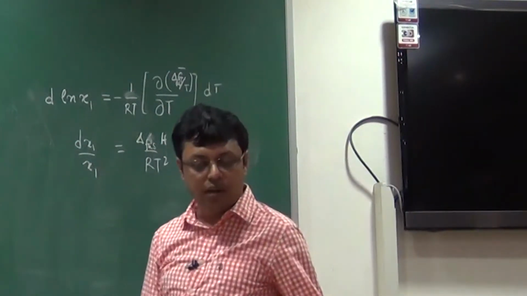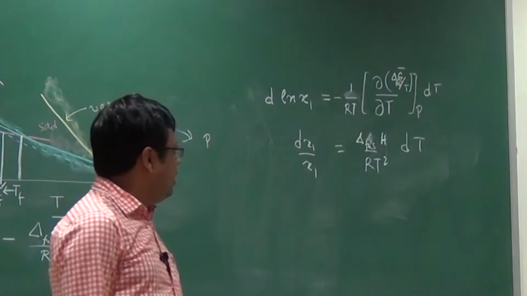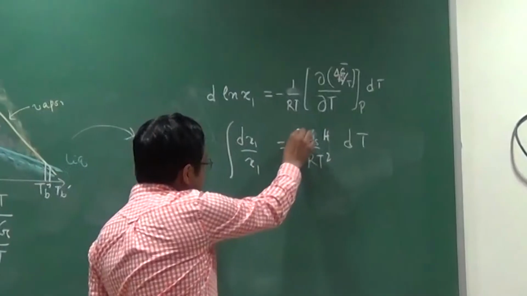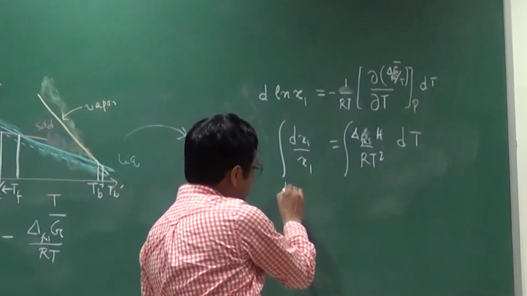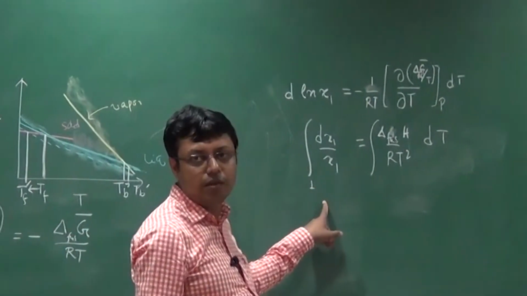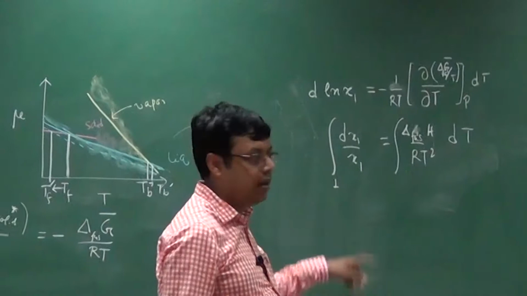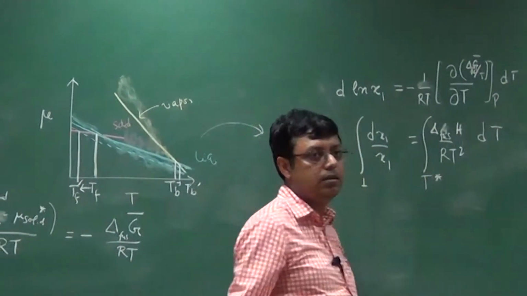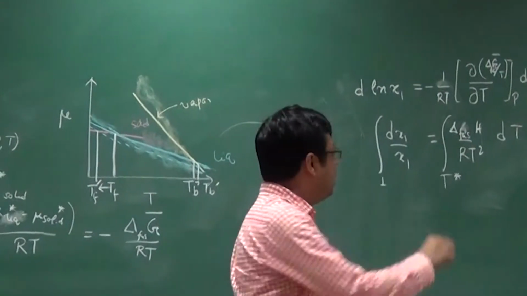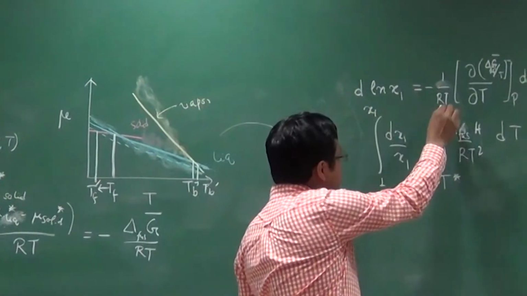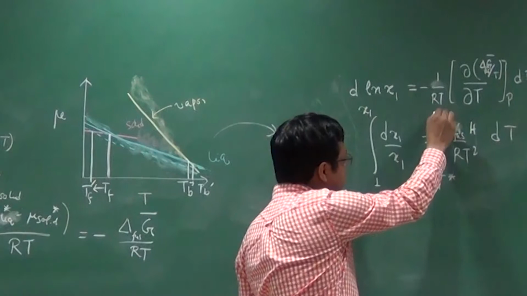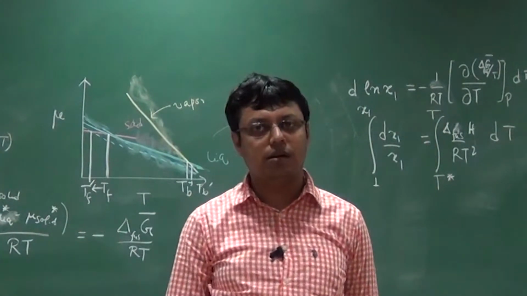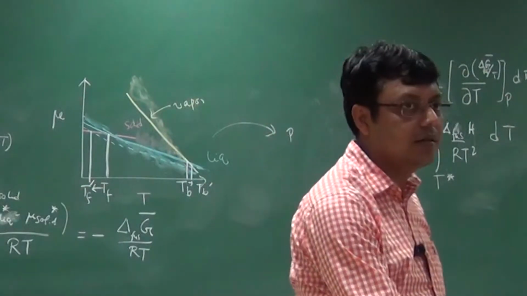Now we can integrate. If I have pure solvent, then the corresponding temperature I am calling T star, and if I have an arbitrary mole fraction, then I am calling it some arbitrary temperature T. It's a straightforward integration.